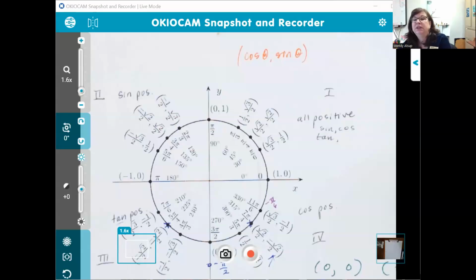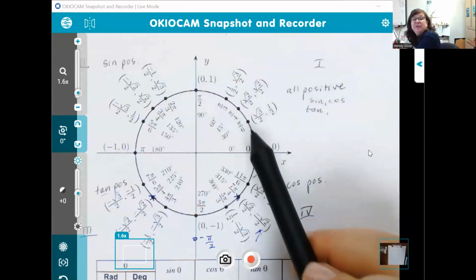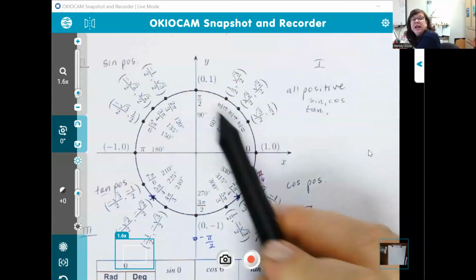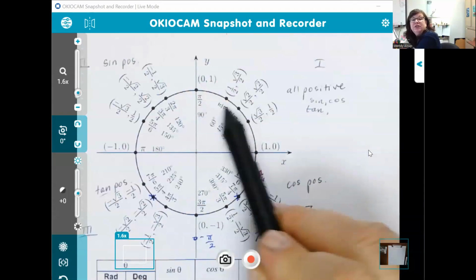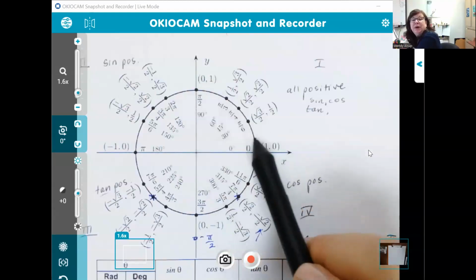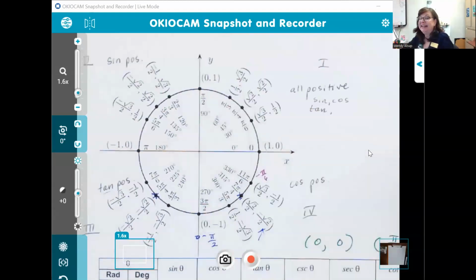If this is pi over 6, pi over 9 is over here, and that is in the right area. We have to be between negative pi over 2 and positive pi over 2, and pi over 9 is right here. So the inverse sine of the sine of pi over 9 will be pi over 9.